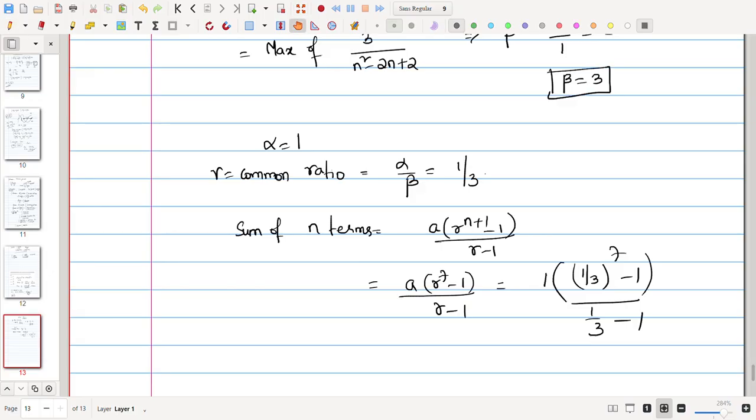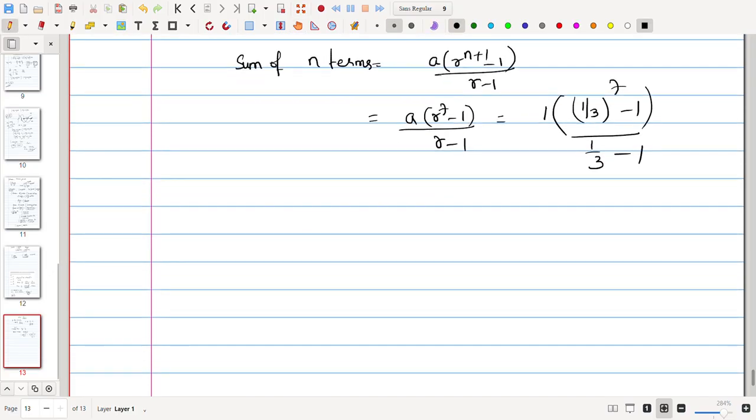Let's simplify this. If you take the minus common and cancel, this is nothing but (3⁶ − 1) by 3⁶ into 3 by 2.